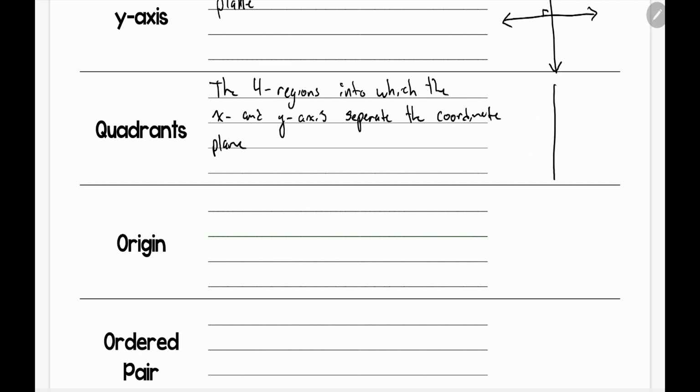So if we have our coordinate plane, we count these in a weird way, kind of. So up here is quadrant 1. Here is quadrant 2, quadrant 3, and quadrant 4. And we use Roman numerals to show this.